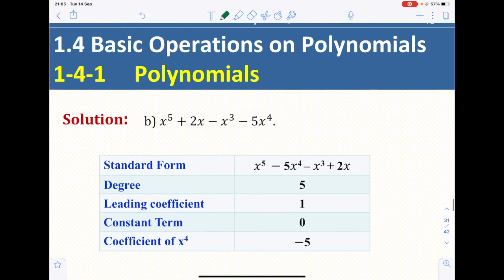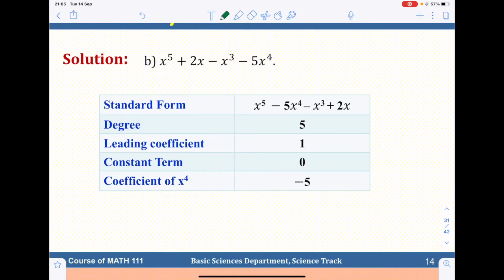Okay. So let's see this one, same thing, the standard form. So I will start with this power, then power 4, then power 3, then power 1. Okay, so this is the standard form, and be careful, if you have any two terms that have the same power and same variables, we can add them together.